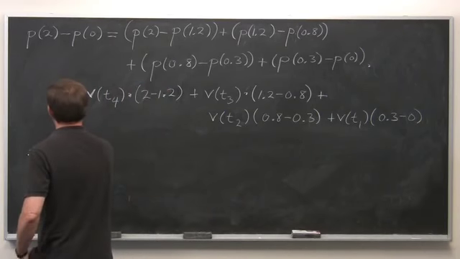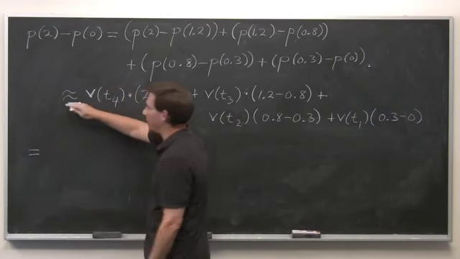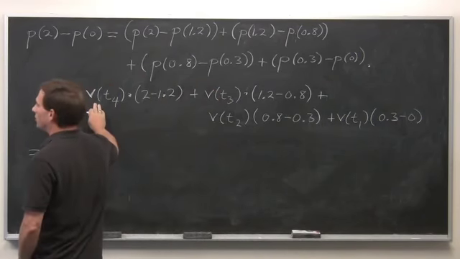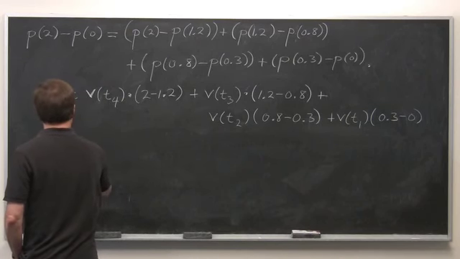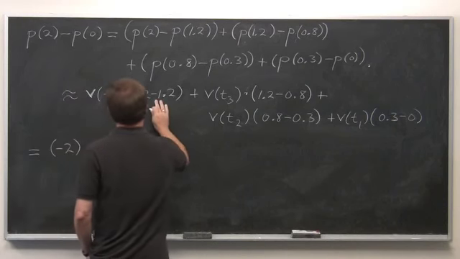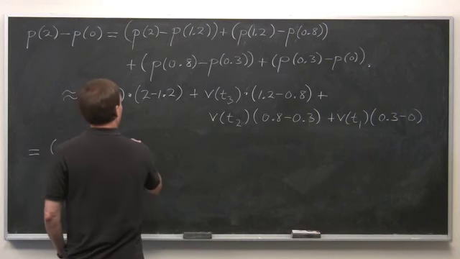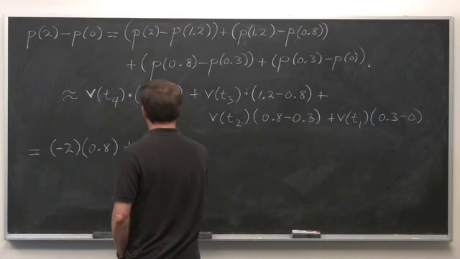So if you plug in the numbers, I'm writing equals, but it's all approximately equal to the displacement. We were given that the velocity at time t4 is minus 2. So you get minus 2 times 0.8, plus the velocity at time t3, which was 10.